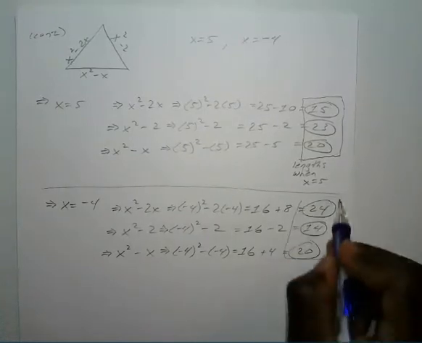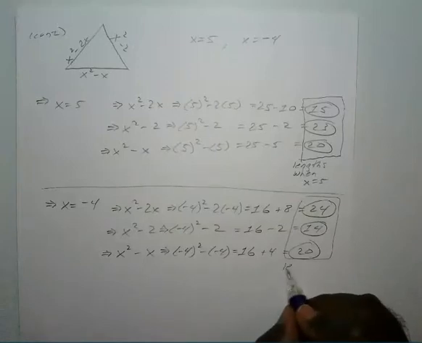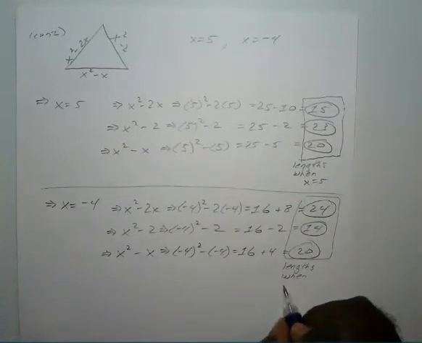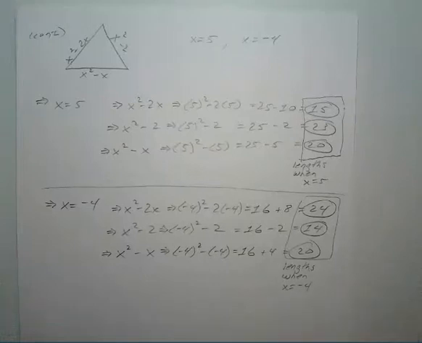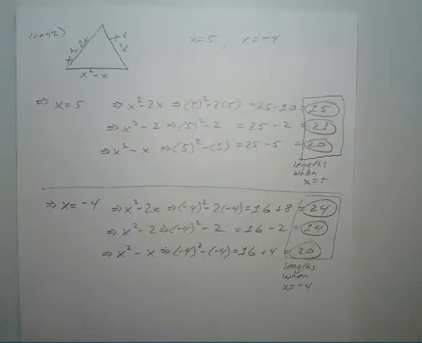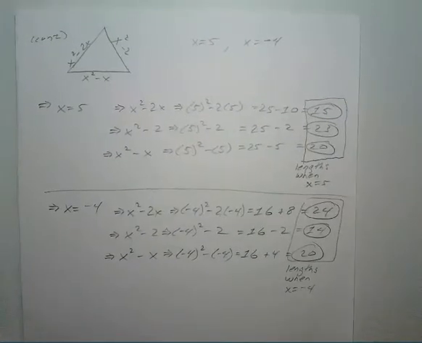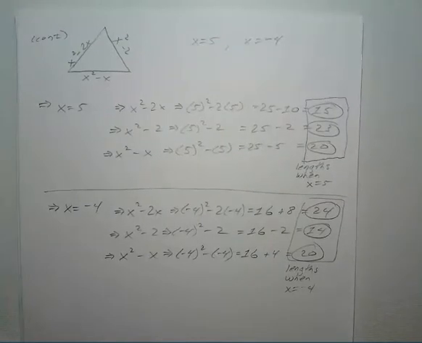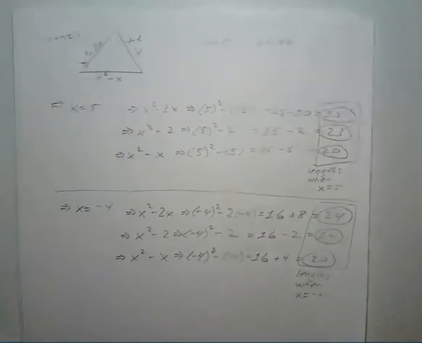Okay, so these are the lengths of the sides when x is equal to negative 4. Okay, so those are your lengths. Alright, so let's go on to the next example. If you're still writing, please feel free to press pause.